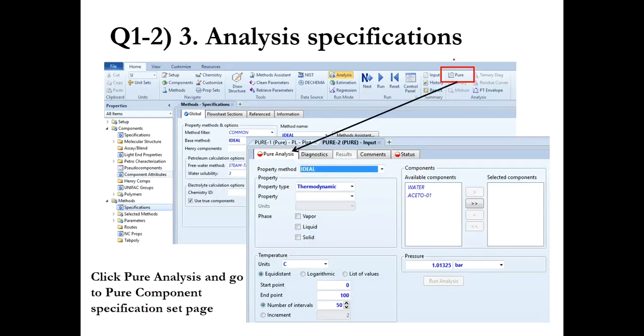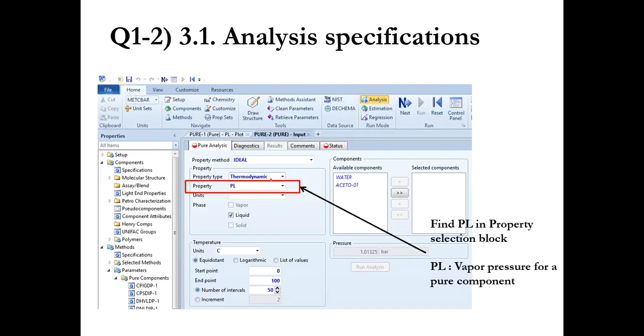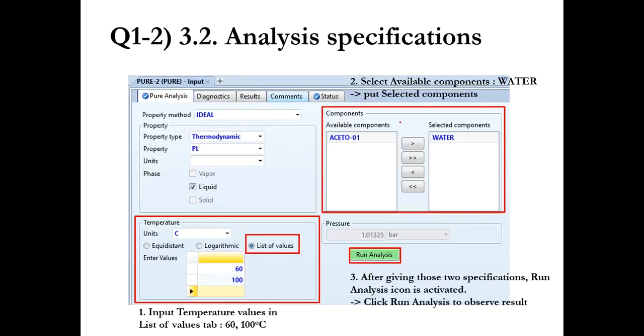Then we will go to the pure analysis. In pure analysis, we will select the property package as ideal, and in thermodynamic, we will scroll down and select vapor pressure as you can see here. Then we will select our component water from here, and then we will select list of values because we are not given a range. We are given two values: number 1 is 60 degrees centigrade and number 2 is 100 degrees centigrade.